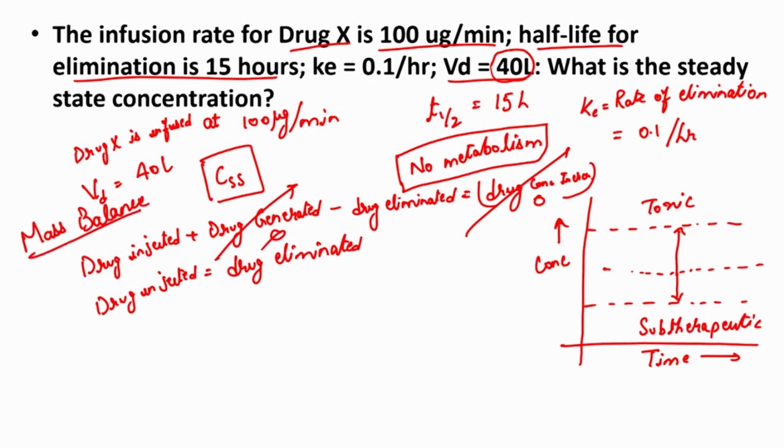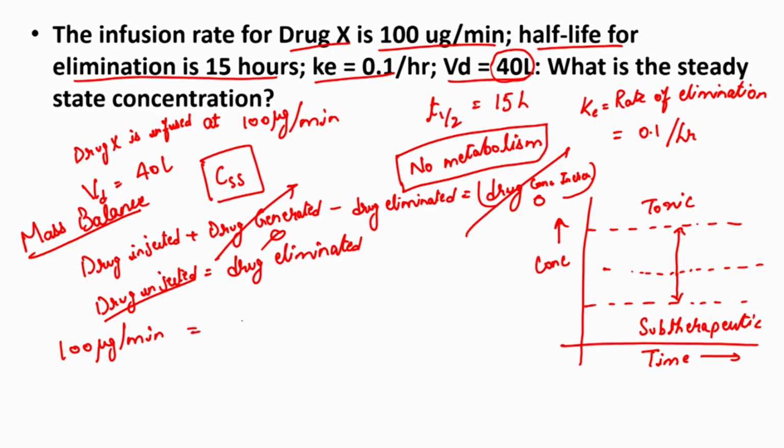Right. Now, let us look at each of these. We know that the drug injected is 100 μg per minute, and what about the drug that is eliminated? We do not really need to assume because the Ke is given to us. What is Ke? Ke is the rate of elimination.